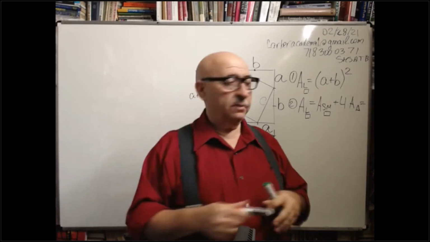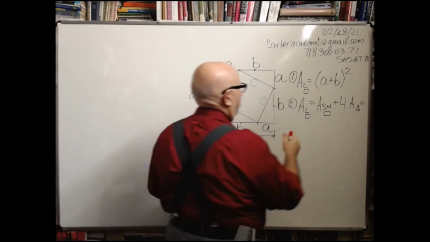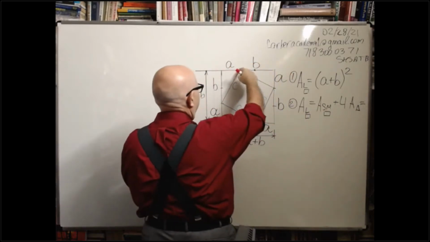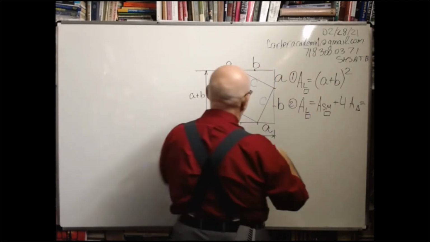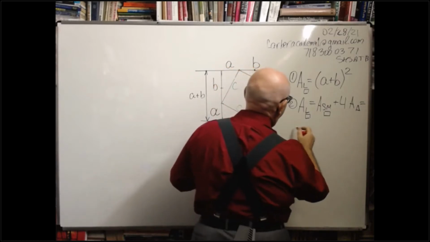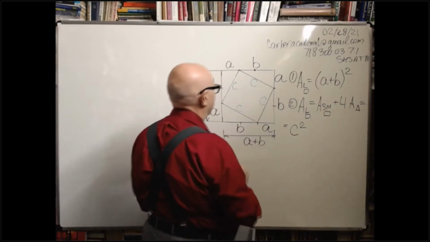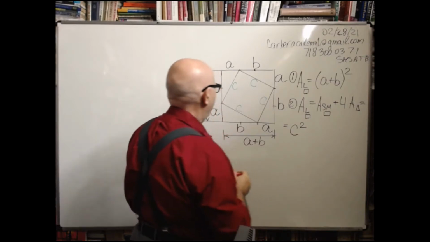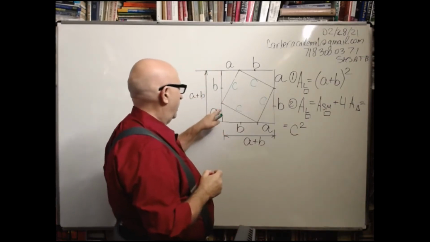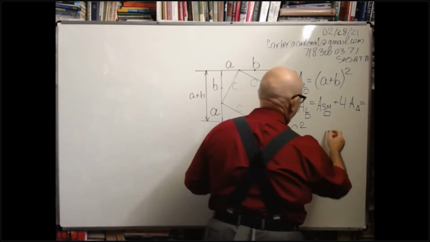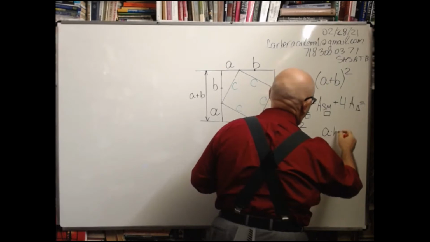No questions. Okay, let me make more details. How to find the area small? Area small is c to the second power, since the side equals c. c to the second power. How to find the area of one triangle? a times b divided by 2. a times b divided by 2.